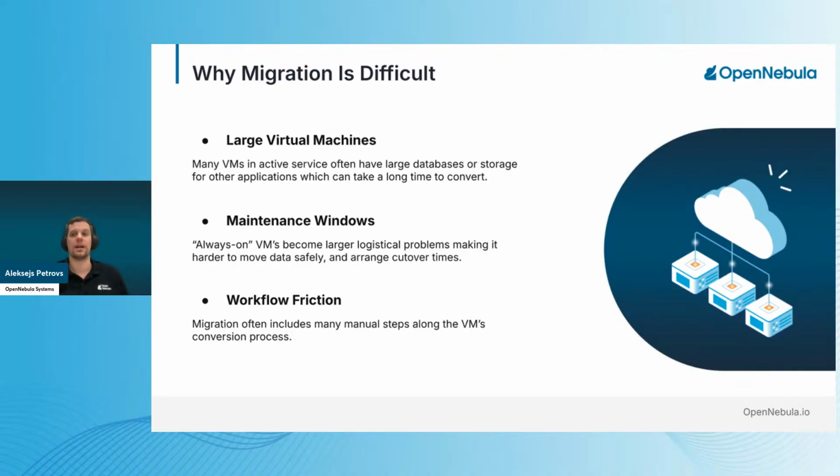You need to make sure that once the VM is running in the other environment, it has the same access to the same resources should it need to, networking is fine, and the VM is reachable and can communicate. So yeah, migration might be difficult, and in OpenNebula we are trying to make sure that this migration becomes as pleasant an experience as it can, right?